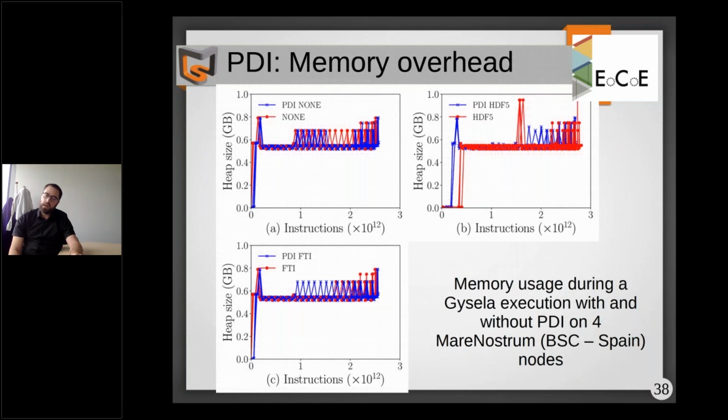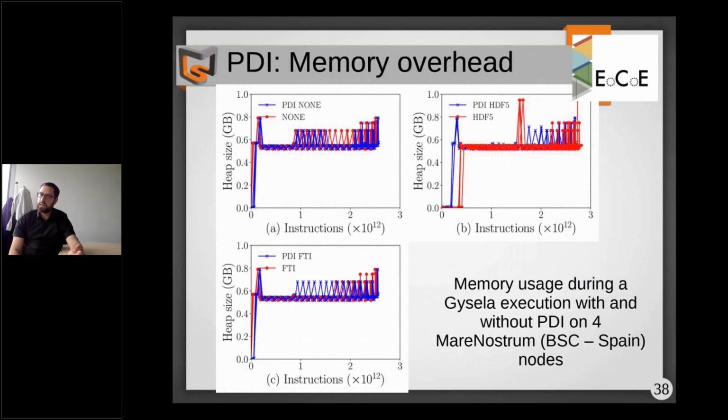The first figure is for node checkpointing, so whether we use PDI or not, since there is no copy of the data, there is really no memory overhead. Similarly for HDF5, HDF5 allocates a few buffers on its own, so we see that the memory usage changes along the simulation.